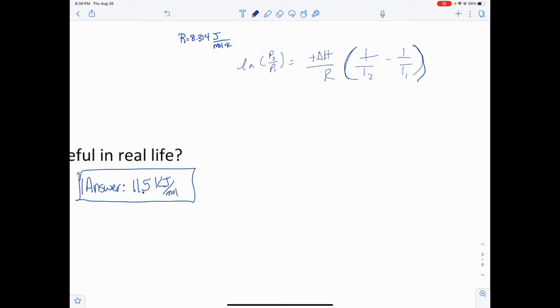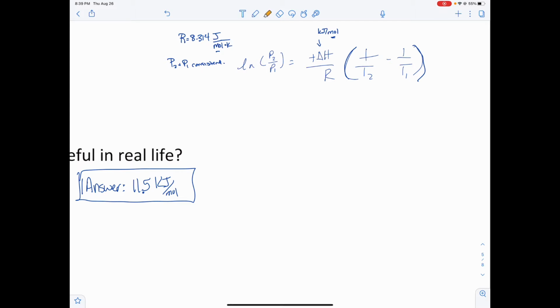And let's see. Then the next piece of information is that your P units over here, the P's can be different numbers. They're going to be given to you, but they just need to be consistent with each other. Delta H usually comes in the form of kilojoules per mole. And that's great for the mole part because you can see the moles are going to cancel.